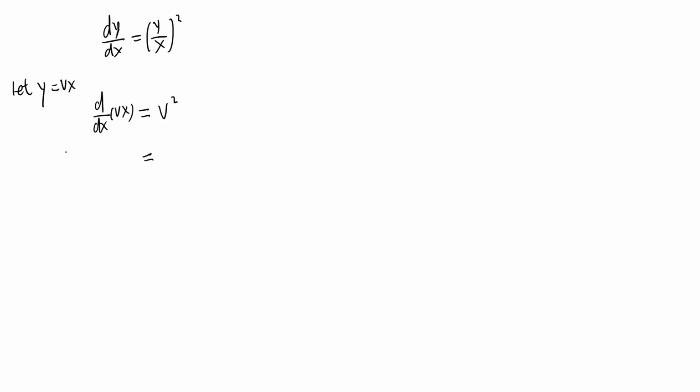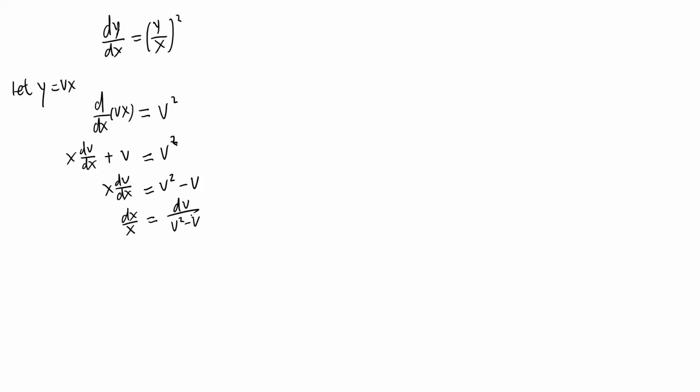And then the left hand side is x dv/dx plus v, and the right hand side is v squared. Then you put everything to the right hand side. So now separation of variables: dv over the expression equals dx divided by x. So integrate both sides.